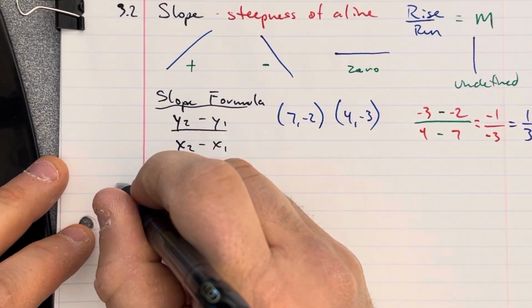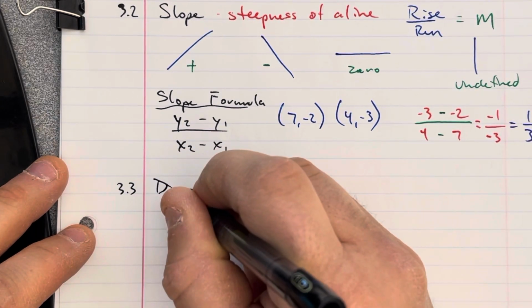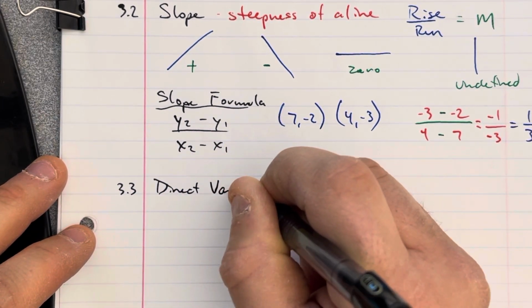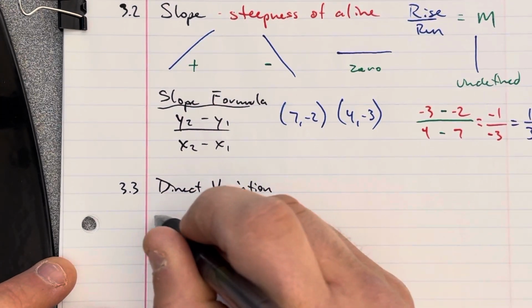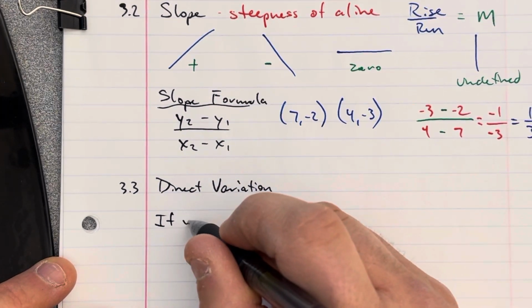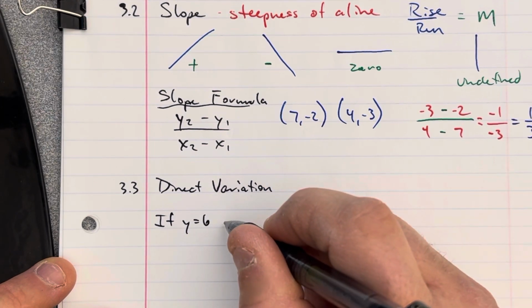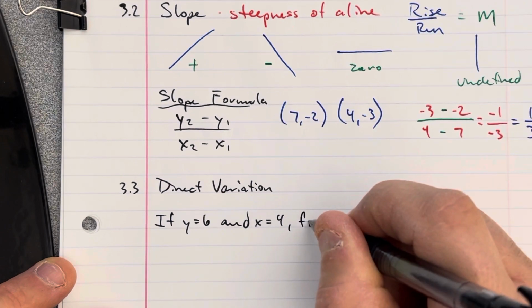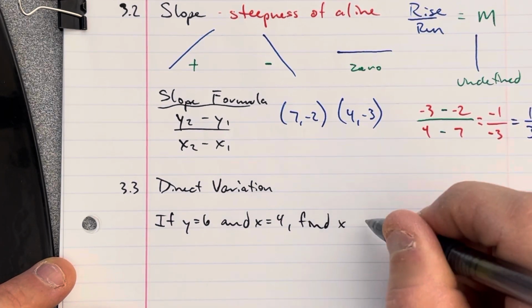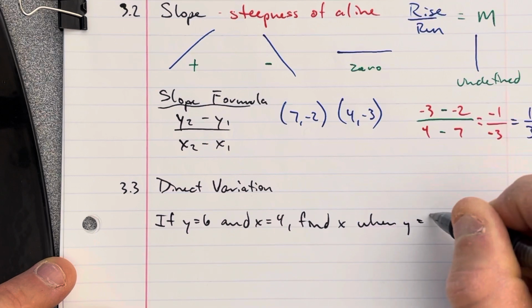We then talked about direct variation. If y equals 6 and x equals 4, we need to find x when y equals 32.